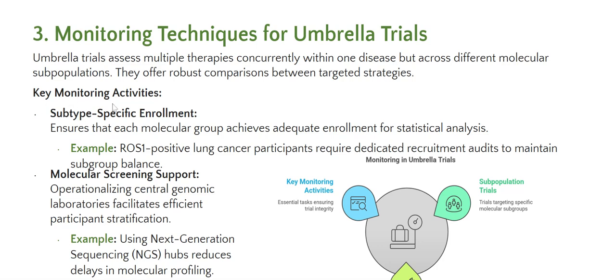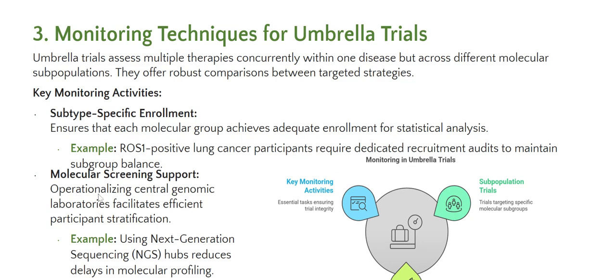The key monitoring activities here: subtype-specific enrollment ensures that each molecular group achieves adequate enrollment for statistical analysis. For example, ROS1-positive lung cancer participants require dedicated recruitment audits to maintain subgroup balance.